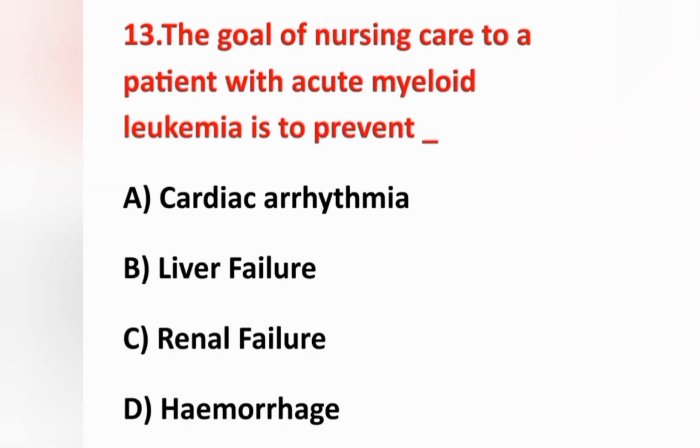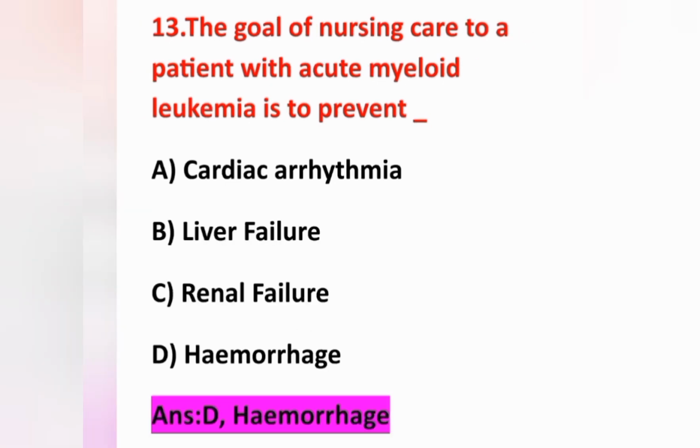13th question, the goal of nursing care to a patient with acute myeloid leukemia is to prevent option A, cardiac arrhythmia, option B, liver failure, option C, renal failure, option D, hemorrhage. Here the question is, which is the main goal of nursing care to a patient with acute myeloid leukemia? The correct answer is option D, hemorrhage. One of the important goals for a patient with acute myeloid leukemia is to prevent infection and hemorrhage.